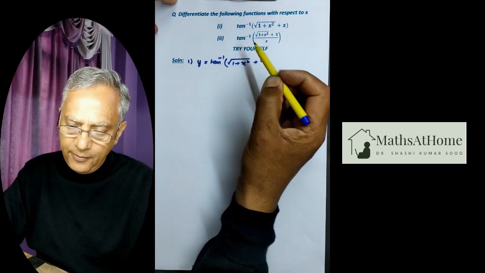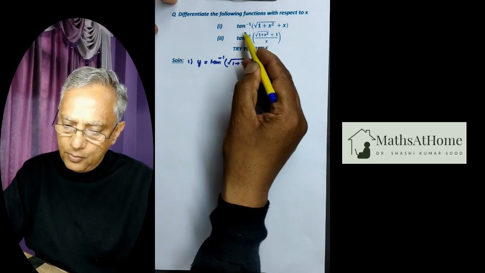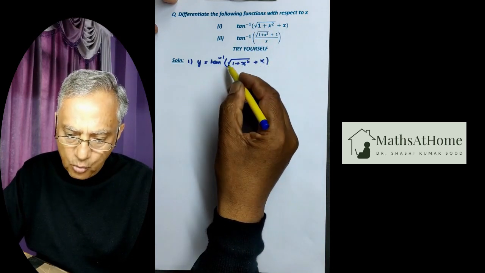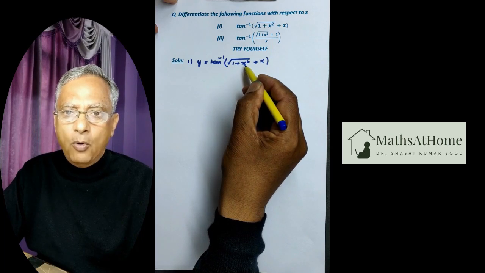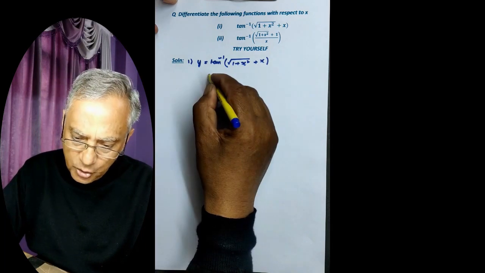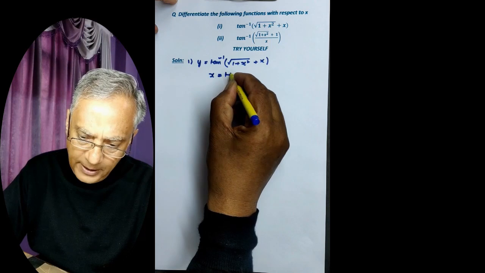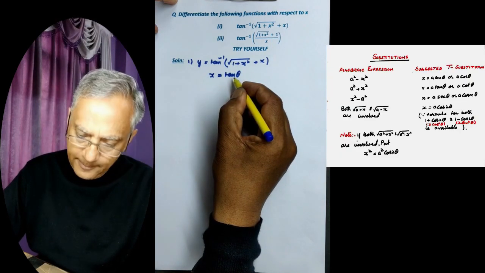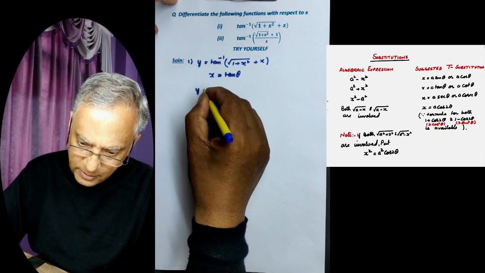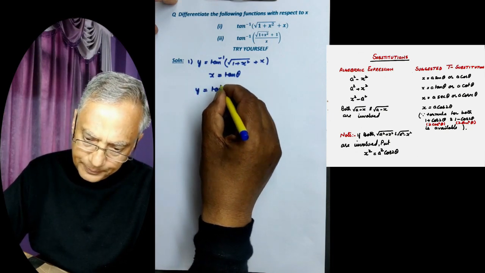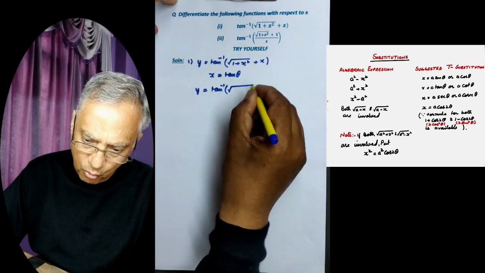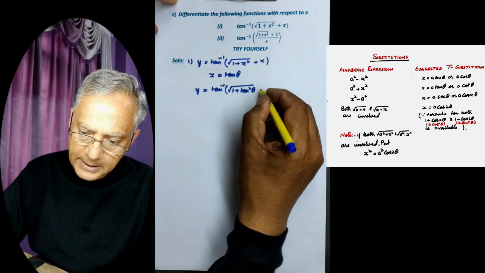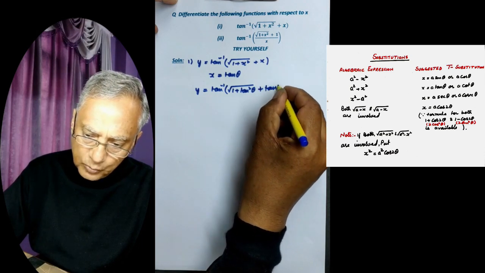Now in this question, we are given y equal to tan inverse of under root 1 plus x square plus x. Now under root 1 plus x square is involved. So we can try the substitution x equal to tangent theta. A is 1. What we get is y is equal to tan inverse of under root 1 plus tan square theta plus tangent theta.